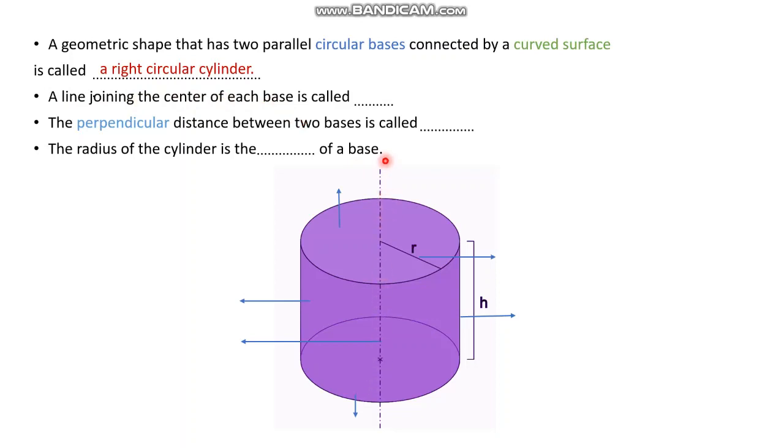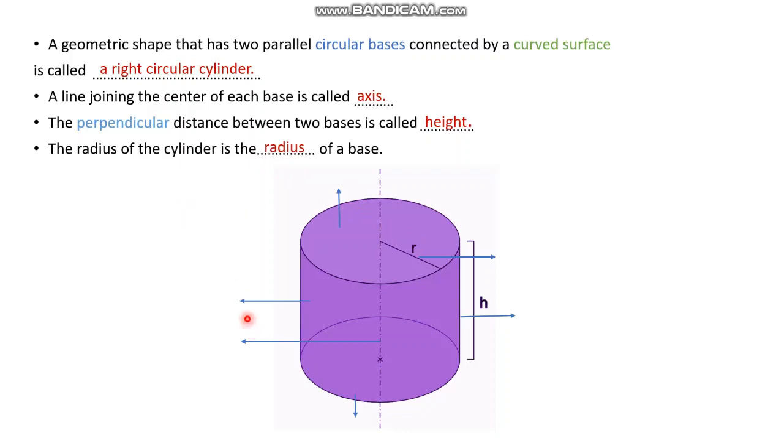A line joining the center of each base is called, I am waiting for you, yes, axis. The perpendicular distance between two bases is called height. Yes. The radius of the cylinder is the radius of a base.